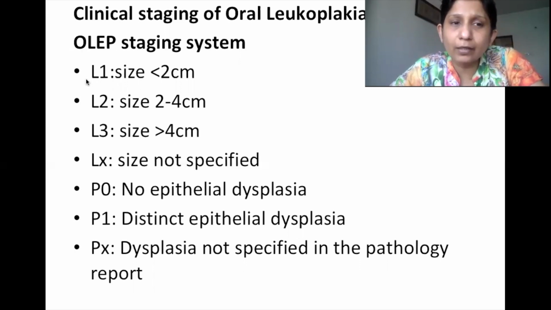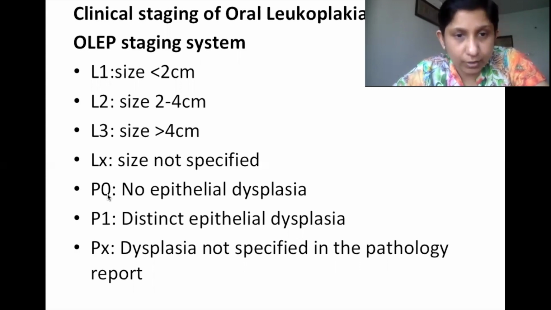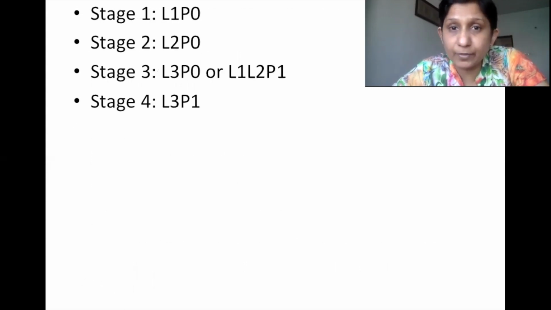So L1 are those lesions which are less than 2 centimeters in size, and so on and so forth. And LX is where size is not specified by the clinician. P0 shows there's no epithelial dysplasia, and P1 shows there's a distinct epithelial dysplasia. Now, this epithelial dysplasia can be seen in a biopsy, and PX is where dysplasia is not specified in the biopsy report.